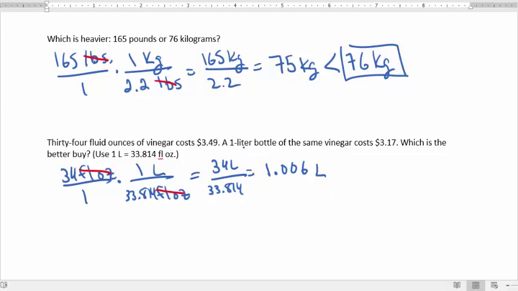So what's better? 1 liter for $3.17 or 1.006 liters for $3.49? Well, the idea is this one is already a unit rate. It's $3.17 for 1. So you're really comparing $3.17 per liter with $3.49 per 1.006 liters. So we want to turn this into a unit rate just like the other one is.